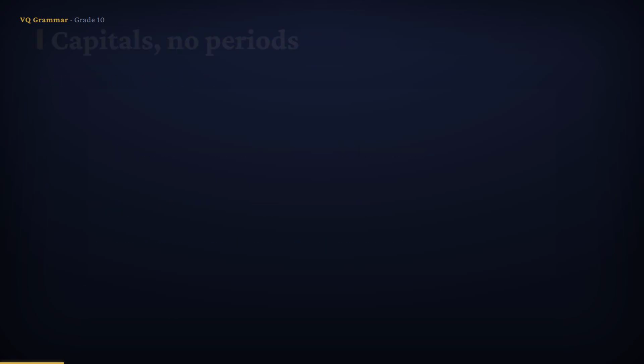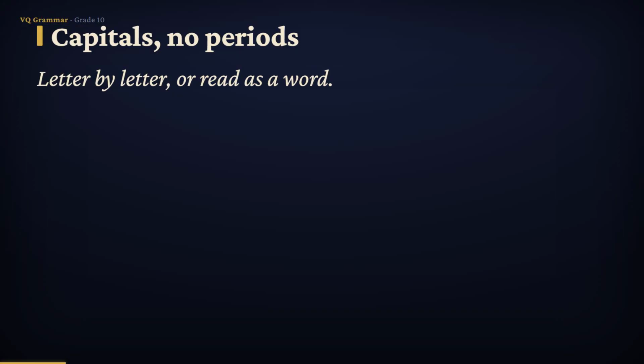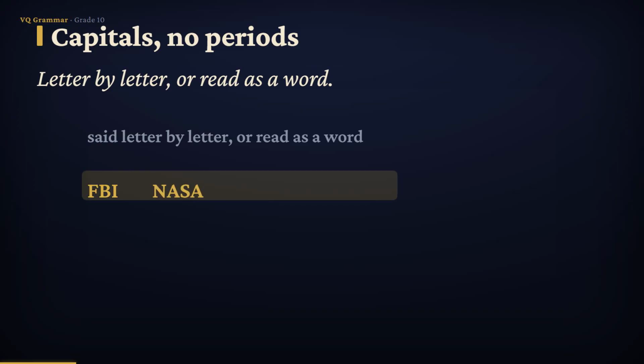Here's the first family, abbreviations that are said letter by letter, or read straight out as a single word. FBI, NASA, the UN, NATO. Look at what they all share, capital letters and no periods anywhere.